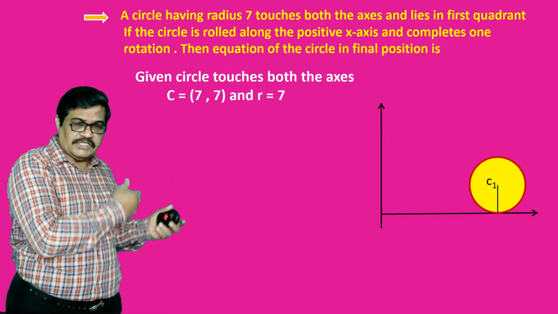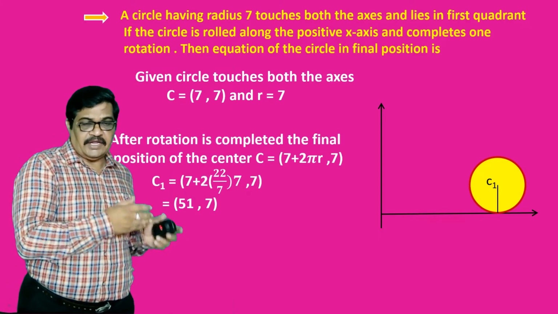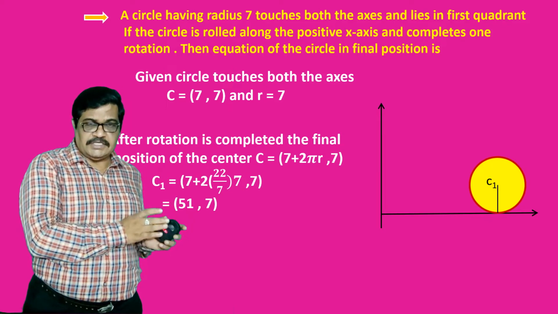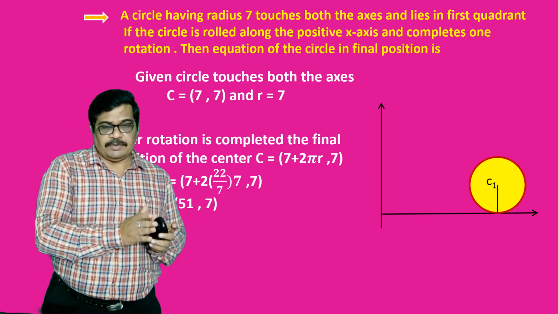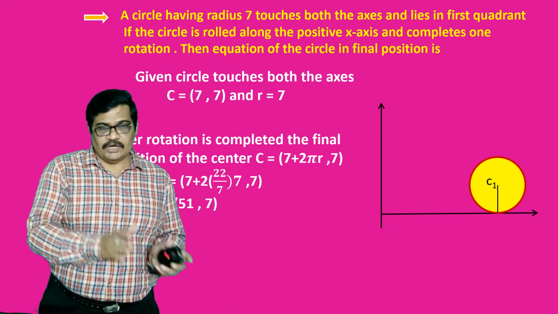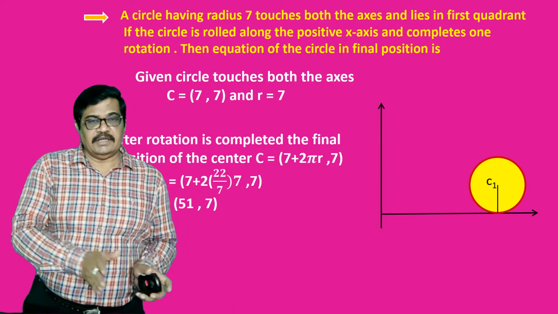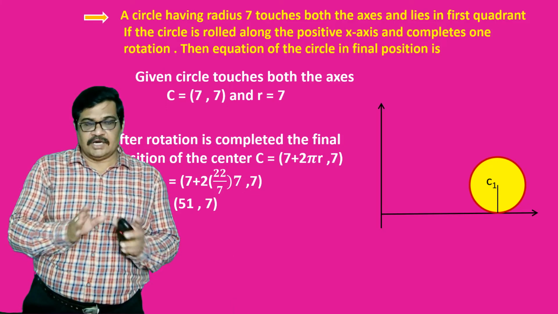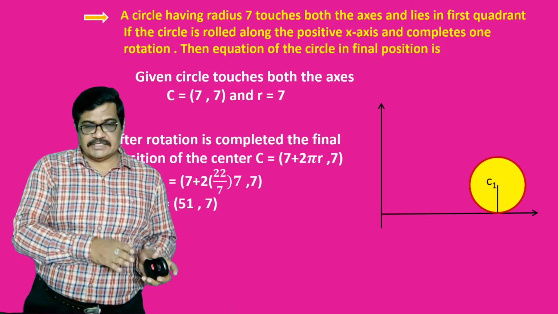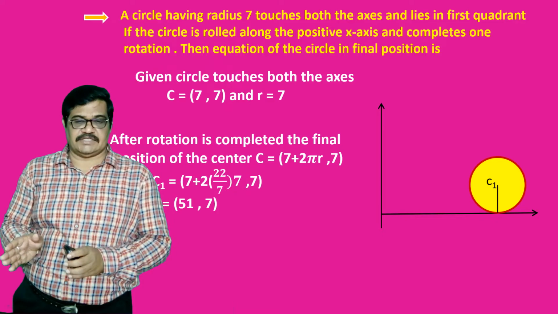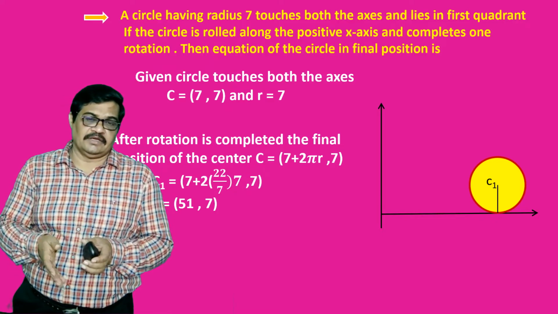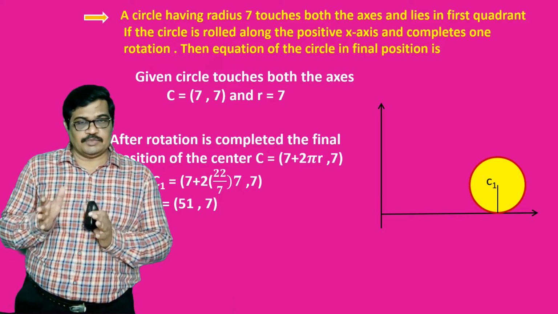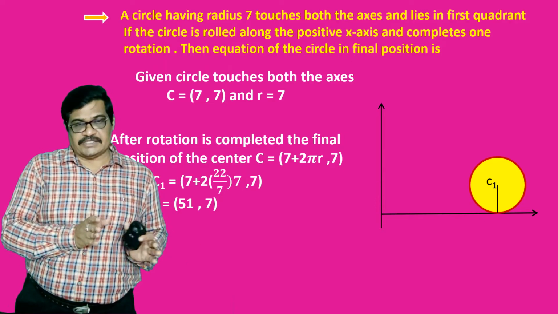After the rotation is completed, the final position of the center is C equal to 7 plus 2 pi r. So when one rotation is completed, the x coordinate changes, but the y coordinate does not change. Here, in the positive direction of the x-axis, this circle rotates one complete rotation, so the distance is the circumference, 2 pi r, which we add to the x coordinate.